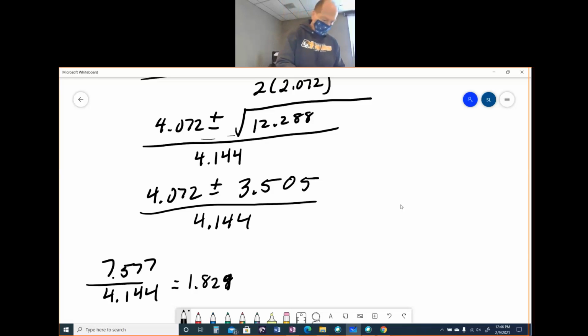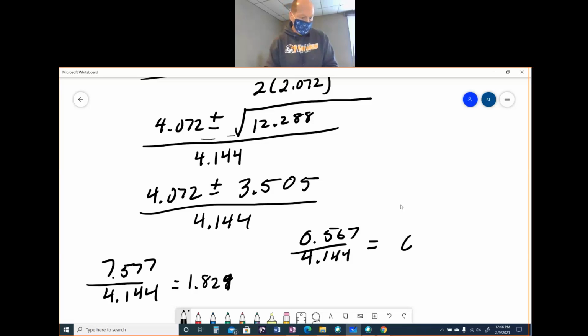All right, so then you take your 4.072 minus 3.505, 0.567 divided by 4.144. All right, so here are the two answers for x, 0.137.